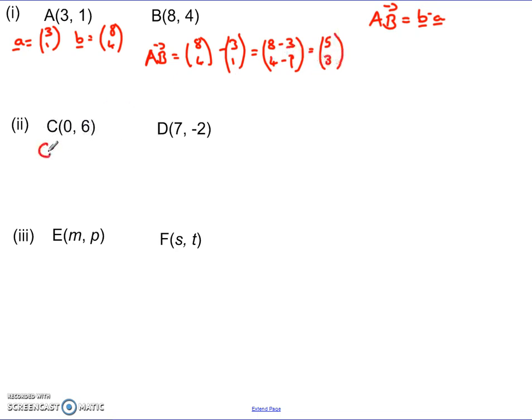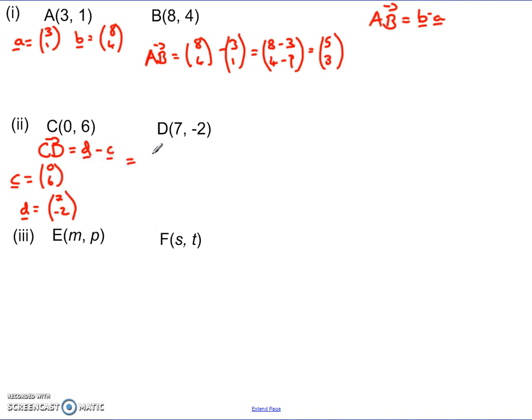Second one, I want the position vector from C to D, and in this case, that will be given by the position vector for D, take away the position vector for C. Again, same logic as the AB, it's the position vector going from the origin to the point C and the origin to the point D. So my position vector C can be given by (0, 6), and my position vector for D is given by (7, -2). You just look at where the point is in relation to the origin.